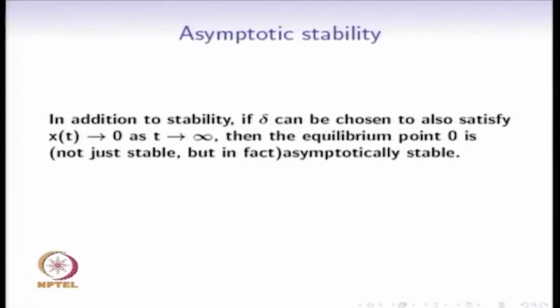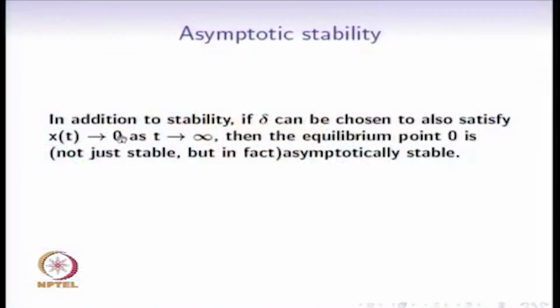So, we will call the equilibrium point asymptotically stable if it is stable. For it to be stable, we already know that for every epsilon we have to be able to find a delta such that all initial conditions starting inside the delta ball are guaranteed to have the entire solution inside the epsilon ball.